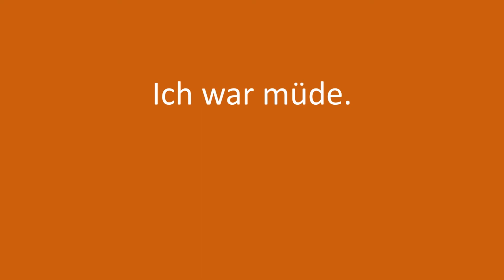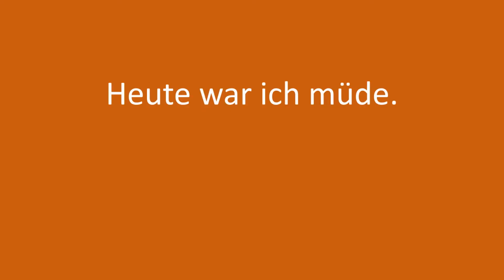This one is nice and easy. To say I was, we say ich war. How would I say I was tired? Ich war müde. How would I say today I was tired?